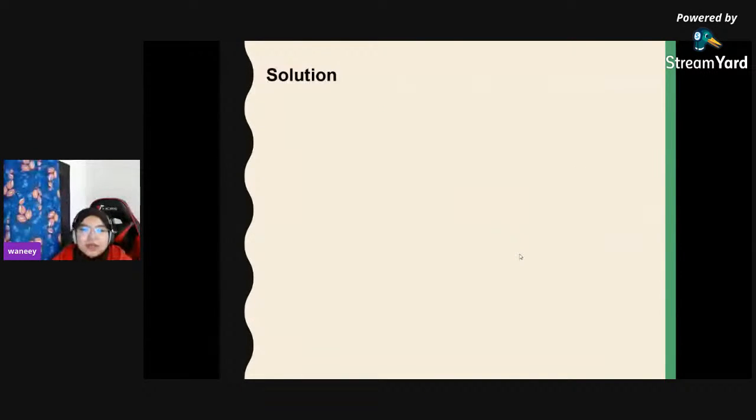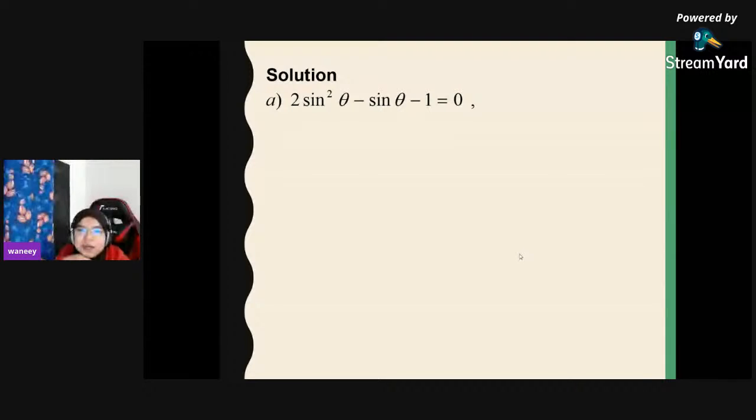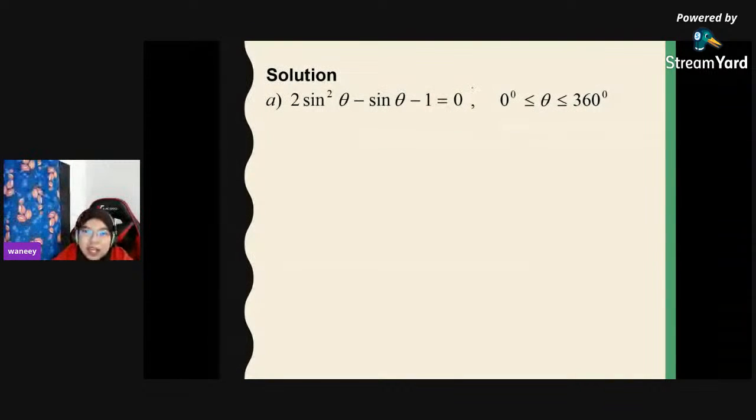Right, so in example 2, 2 sine square theta minus sine theta minus 1 is equal to 0. So let us try to factorize them and see what do we have if we factorize 2 sine square theta minus sine theta minus 1. Okay, so in order to factorize a quadratic equation, you have two methods.